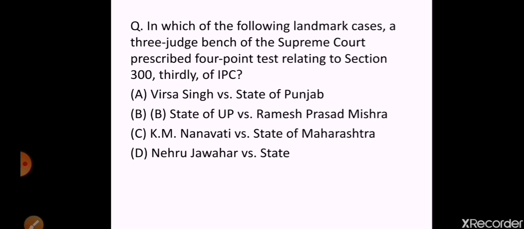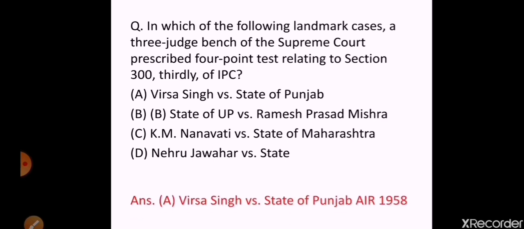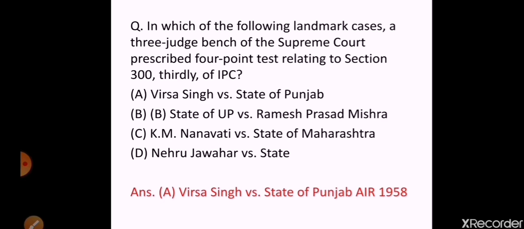So the correct answer is option A, Virsa Singh versus State of Punjab, 1958. I will not tell all those 4 points, but in Virsa Singh versus State of Punjab, the court observed that the prosecution must prove all those 4 points which can bring a case under section 300 of the IPC.